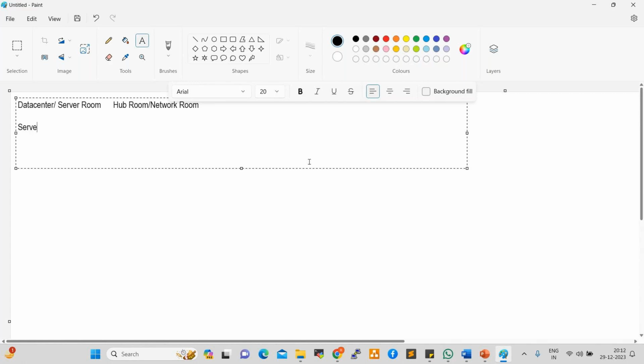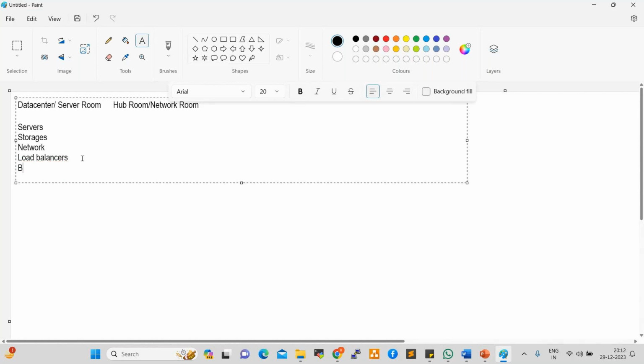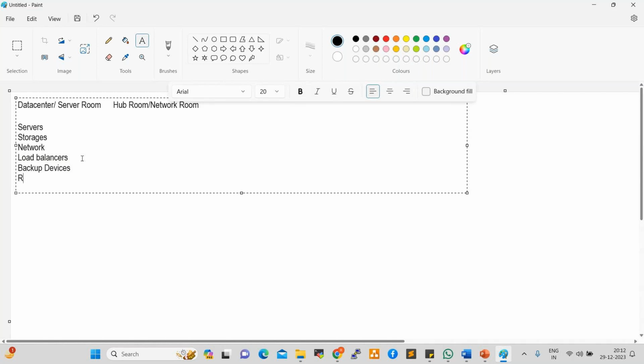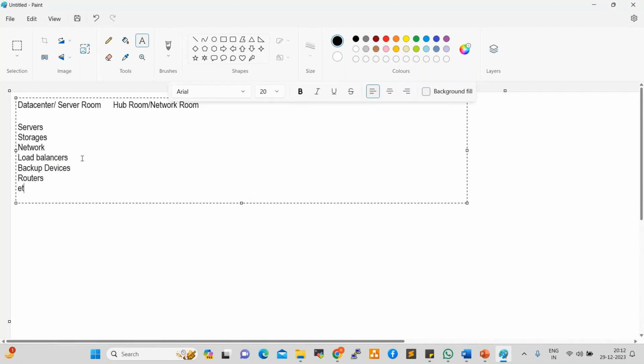We host servers, storage, network, load balancers, and also backup devices and routers, etc. So we host all the components, all the resources, in the data center. Fine. Who will maintain this? Respective engineers will maintain these resources, right?